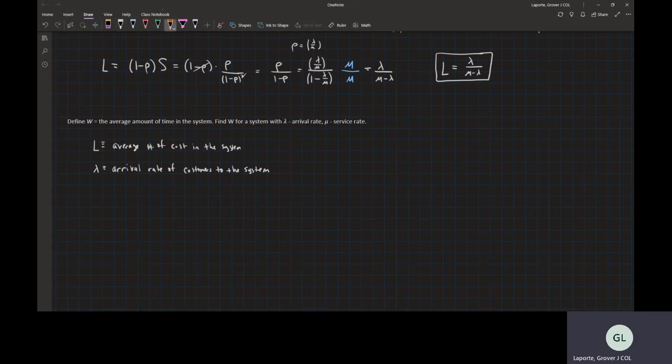Let's just for a second talk about this idea of lambda. I'm going to use another color here and give an example. Let's just say that lambda is equal to 4 customers per hour. If my rate at which customers arrive is 4 per hour, how many would I expect if I were looking at a 10-hour period?